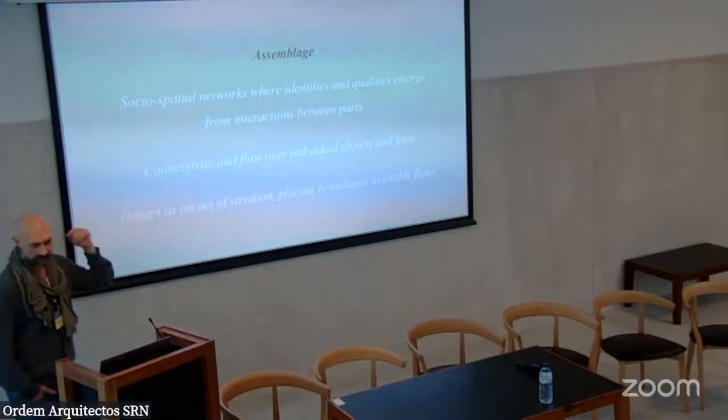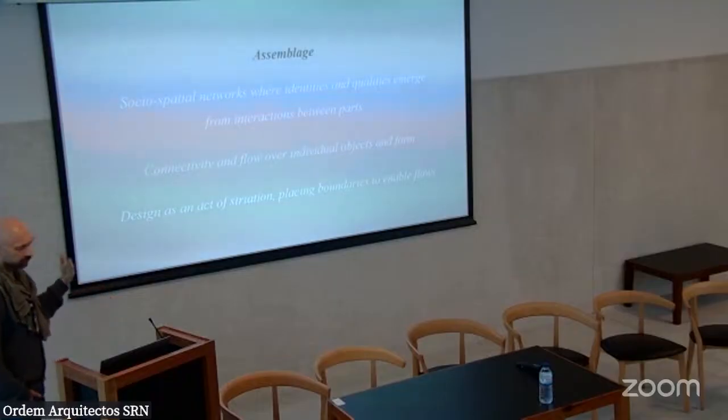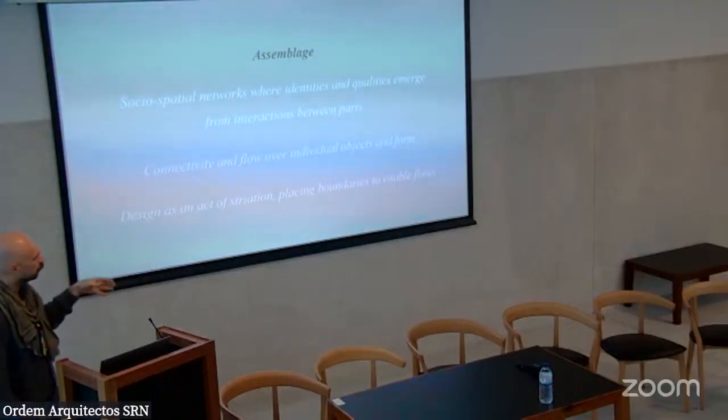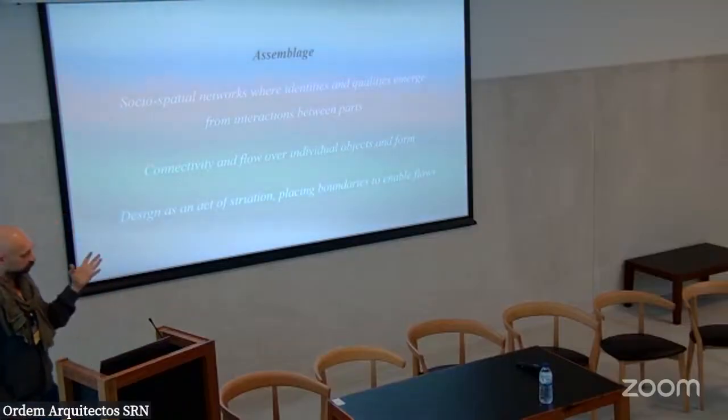And striation refers directly to the smooth and the striated. So it's an act of ordering where you place boundaries, something quantifiable, in order to enable flows, that is something that is harder to quantify.